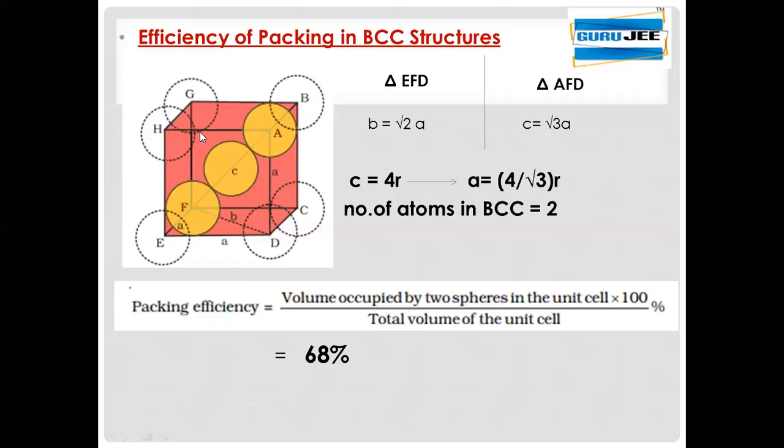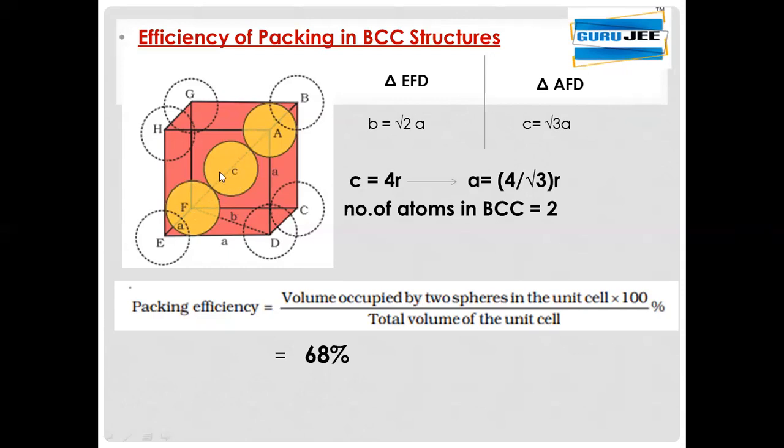Okay, have you remembered the packing efficiency in the BCC structure? Yes, ma'am. Here we have F, C, and A. You can see the edge F and the corner A. In the question, it is given that one atom is present at the corner and the other at the center. So we have to find the distance between these two atoms. Do you understand it?